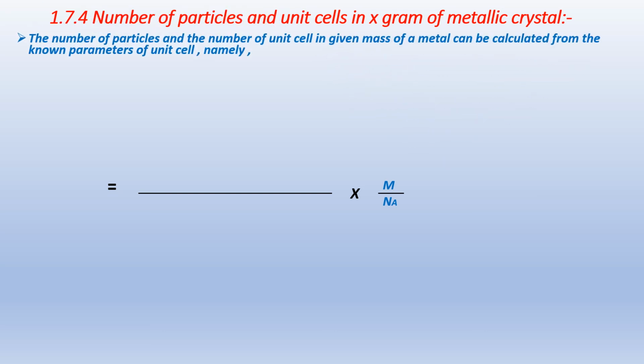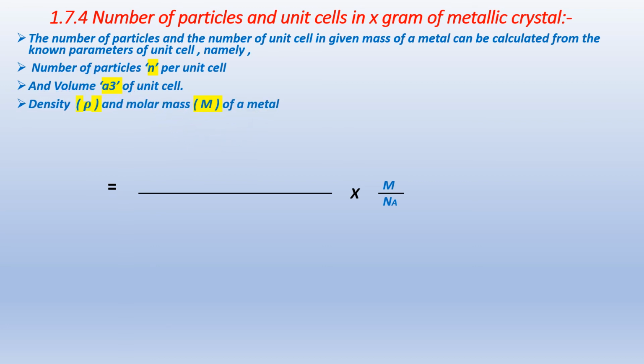The number of particles and the number of unit cells in a given mass of a metal can be calculated from the known parameters of the unit cell, namely the number of particles n per unit cell, the volume a cube of the unit cell, and the density rho and molar mass M of the metal. They are related to each other through the unit cell. The parameters are shown below.